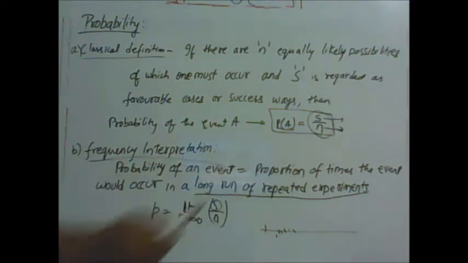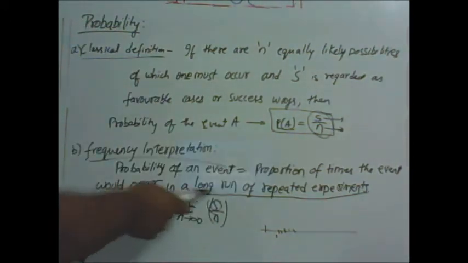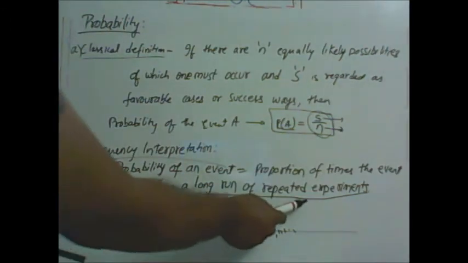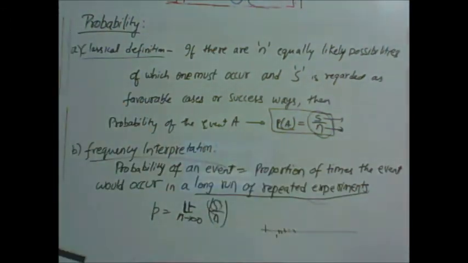So the probability of an event equals the proportion of times the event would occur. S times is the success rate, so S times it would occur in a long run of repeated experiments. The number of experiments or results is given by n. If the experiments are repeated continuously for a long time, then n tends to infinity, so now we have an infinite number of experiments or outcomes.